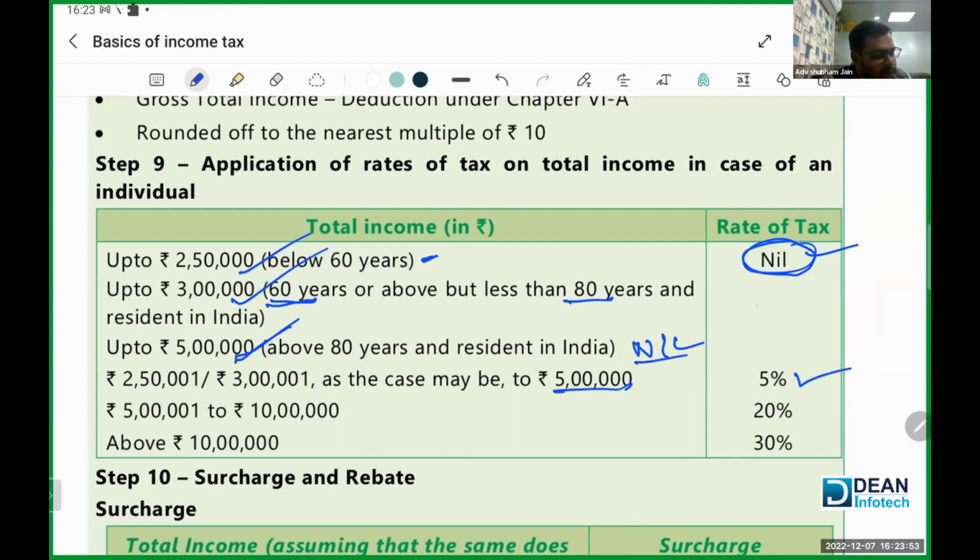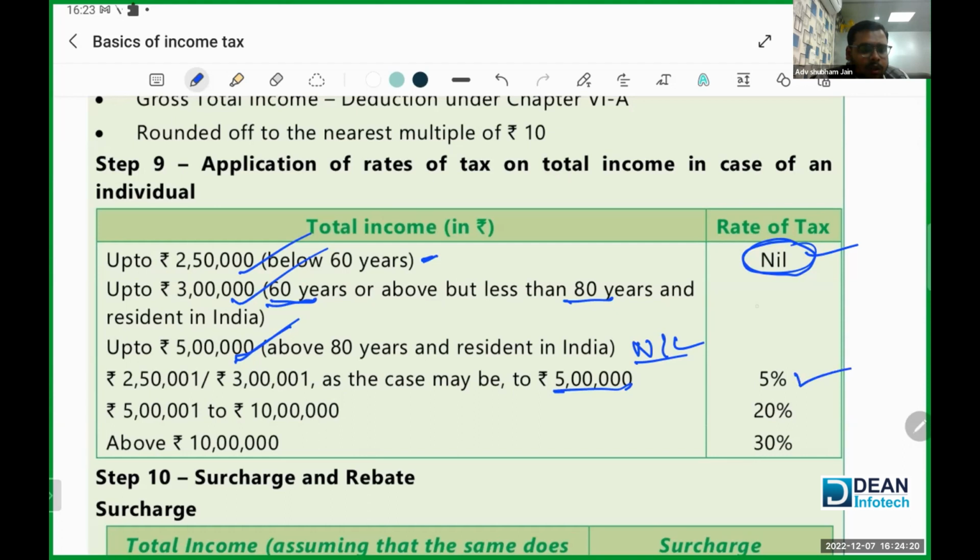Now, these are not flat rates of tax. These are always calculated step by step. The first 2.5 lakh is exempt for everybody, be it a person earning 2.5 lakhs or 2.5 crores. The tax on the next 2.5 lakhs is 5%, that is for everybody. Then the tax on the next 5 lakh rupees, the 5 to 10 lakh slab, is 20% for everybody.